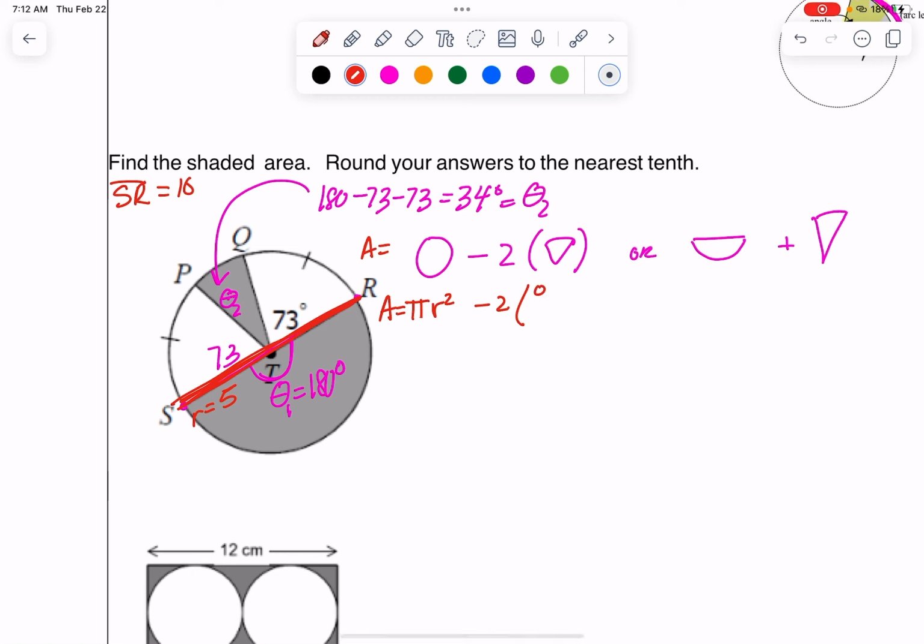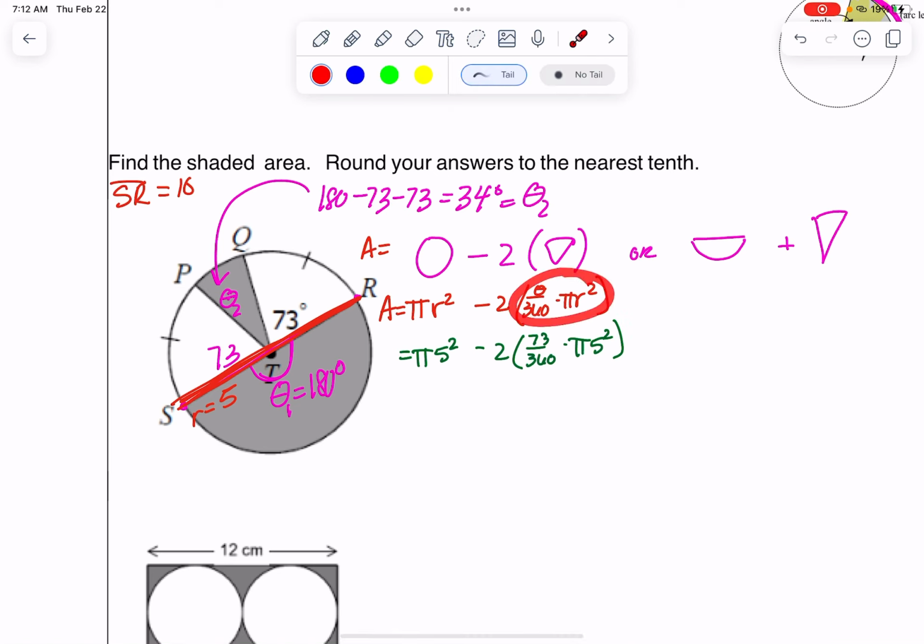So this is theta over 360 times pi r squared. So when we plug in pi 5 squared, that's the whole circle, minus those 2 pieces. Well, that's 73 over 360 times pi 5 squared.